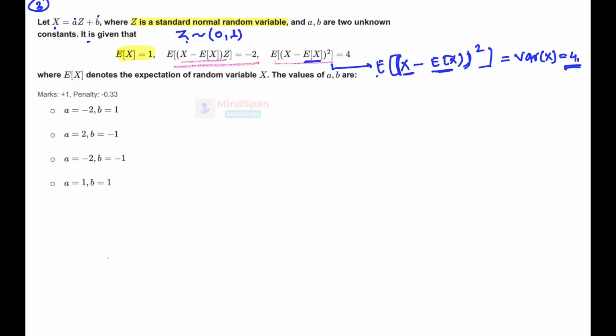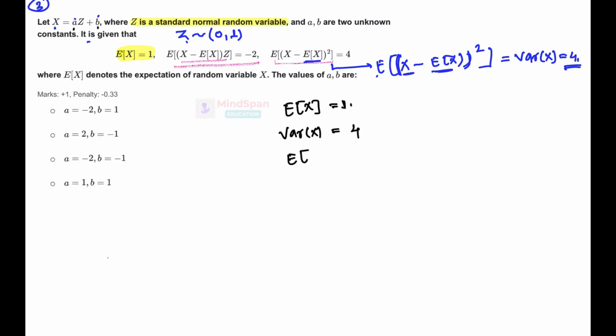Alright, so we have, I think, more than enough information to find the values a and b. Let me write down. We know the expectation of this random variable X given in the question is 1, and the variance of X is 4.